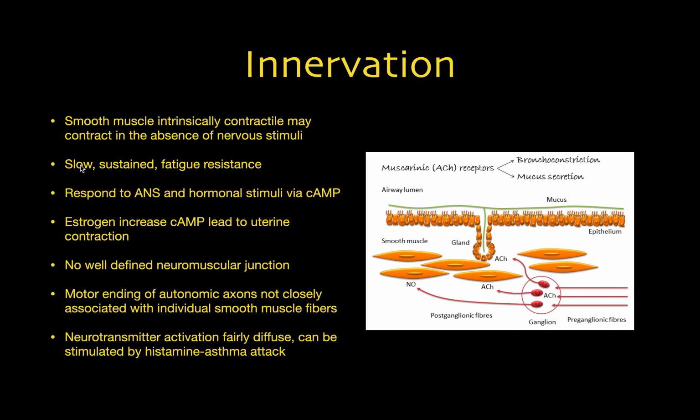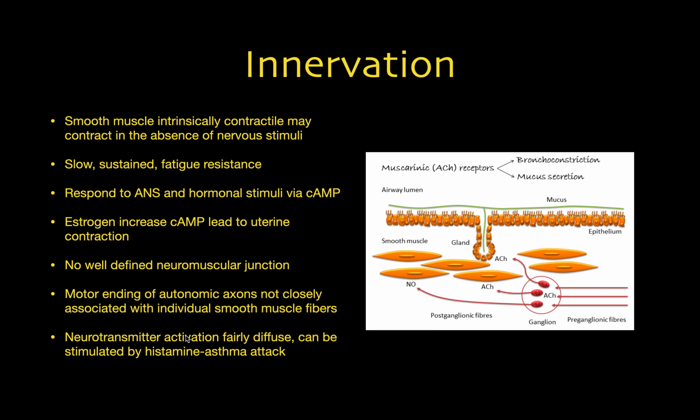The way it contracts is slow, sustained, and fatigue resistant, and it also responds to autonomic nervous system and hormonal stimuli via cAMP. For example, estrogen will increase cAMP, which leads to uterine contraction. And there's no well-defined neuromuscular junction, unlike the skeletal muscle.